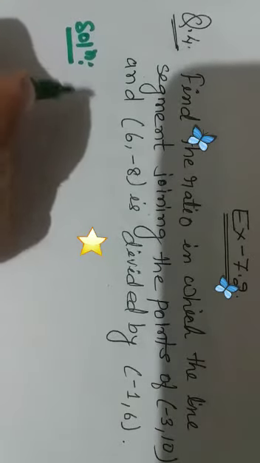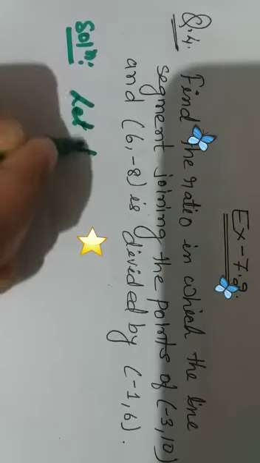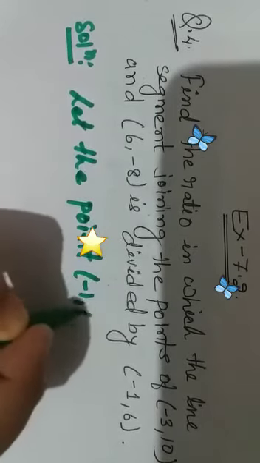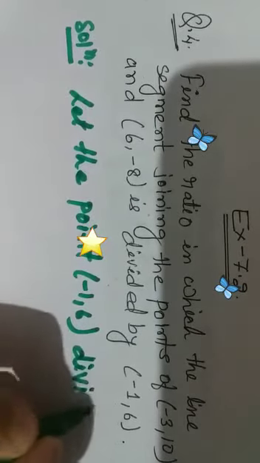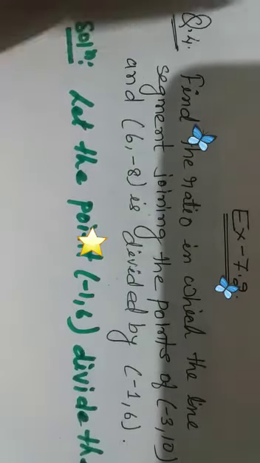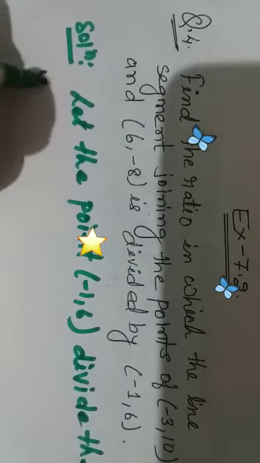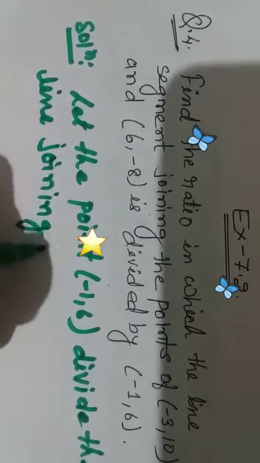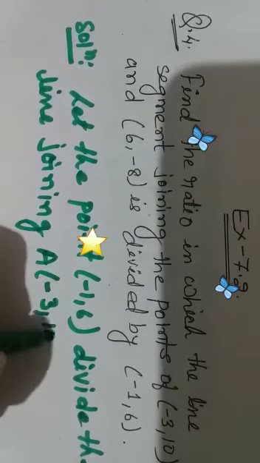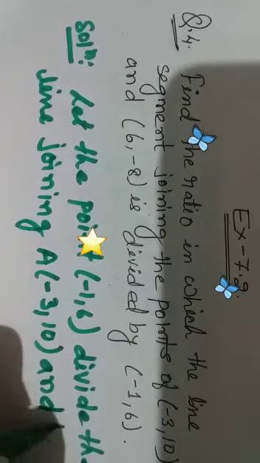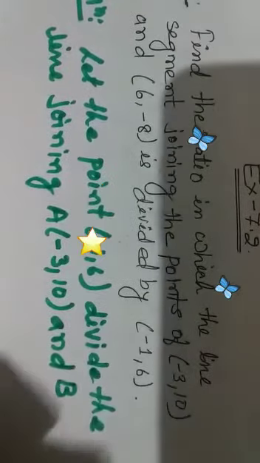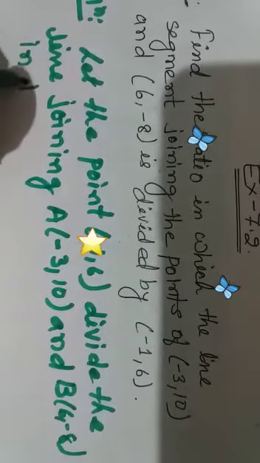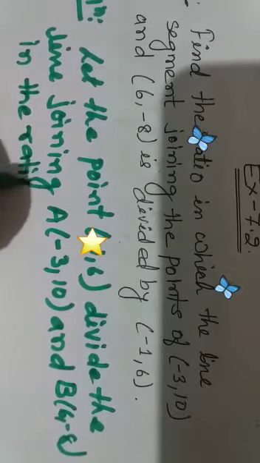So we know that, let the point (-1, 6) divide the line joining A (-3, 10) and B (6, -8) in the ratio k is to 1.